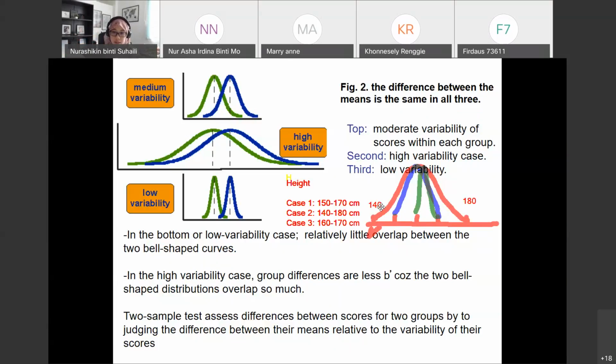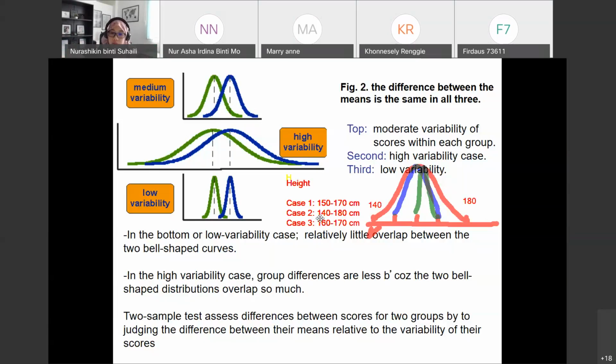So for example, in the data that you have for the height, this is not just for this one, this is just an example. It can be in many cases. Let's say the sample has 50 students.